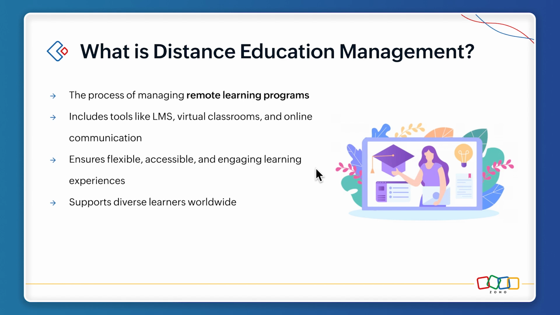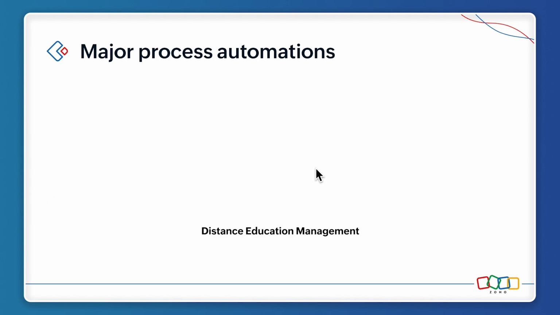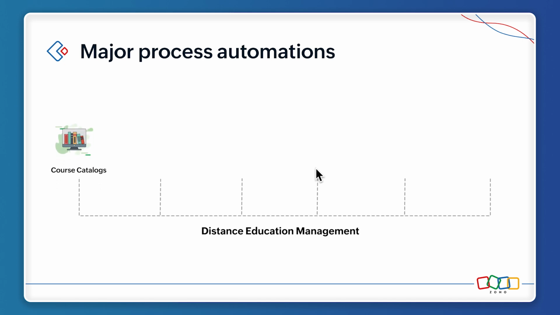If an institute is trying to provide distance education, there are certain processes that need to be automated in order to run it smoothly. So what are the major processes that need automation? The first process is that, as an institute, I have to create the course catalog.